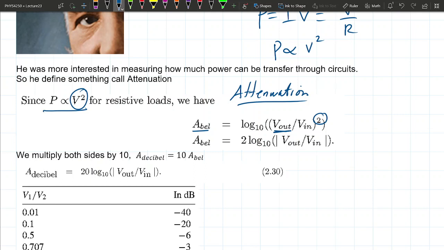All right, and since this is a log function, remember one of the properties of log is that any power turns into just a multiplication, right? So you can bring this 2 down in front, so you have 2 times log base 10 of V out over V in. That's exactly what the attenuation in bels is, okay? And of course, V out over V in, we just talked about that, right?